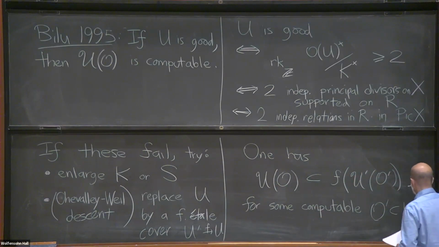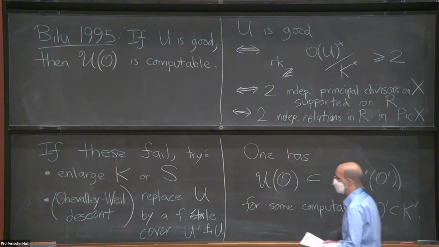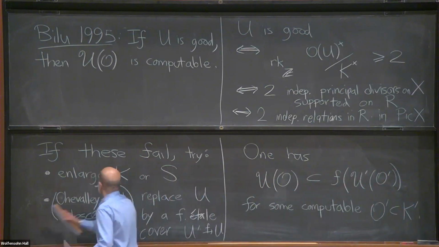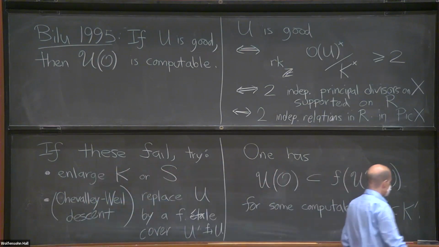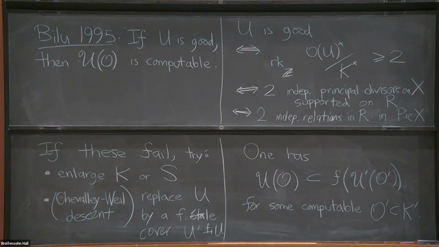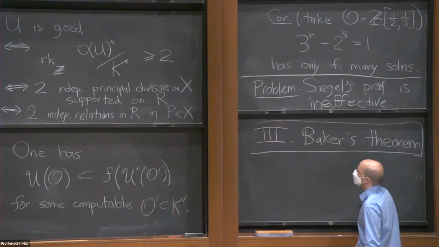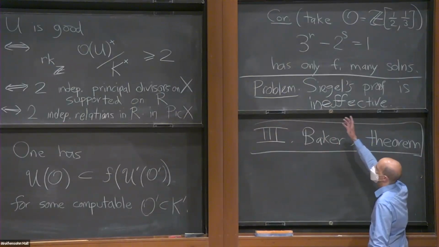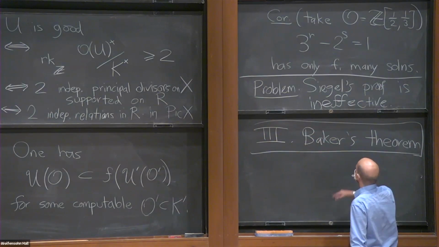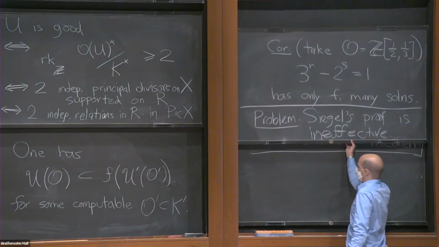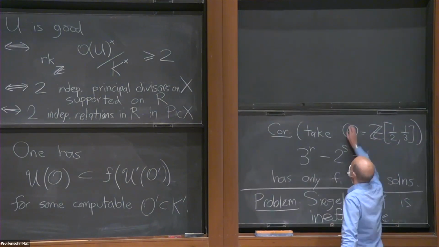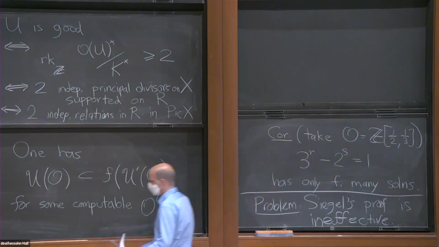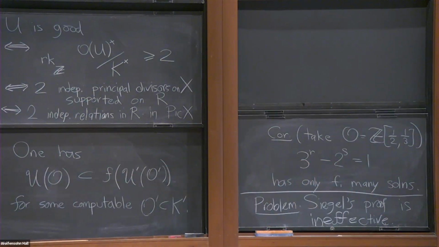There are some nice examples of this. In fact, this method was used well before Bilu's theorem, because you could also combine this with the original Baker's examples. So let me give one example of this.